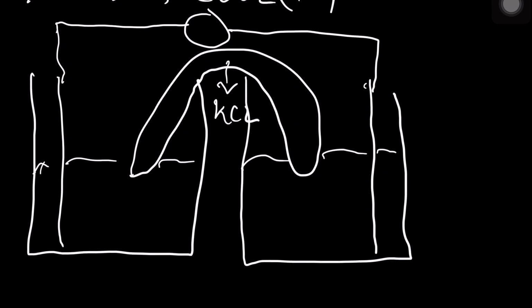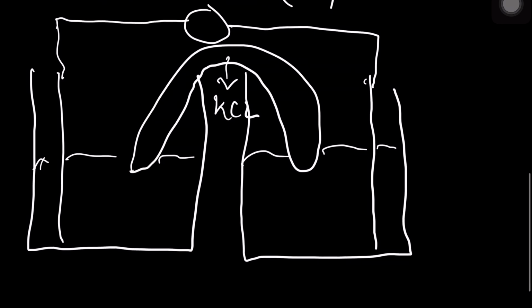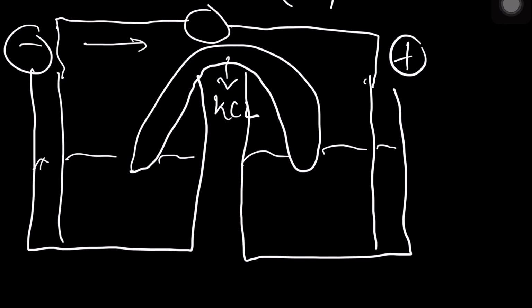Now, in an electrochemical cell, as opposed to an electrolytic cell, the cathode is positive, the anode is negative, and electrons will flow from the anode to the cathode. The anode and the cathode are both connected by a voltmeter.